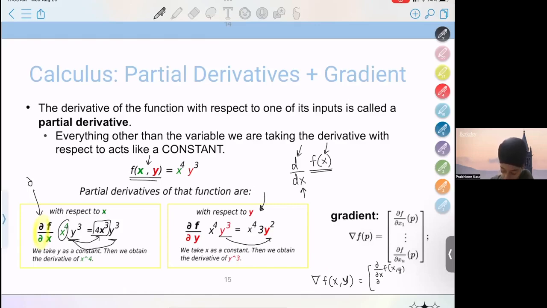And then the next row, or the next element in this vector, would be the derivative with respect to y. So this is a vector. The gradient is a vector that just contains all of the partial derivatives for a function.